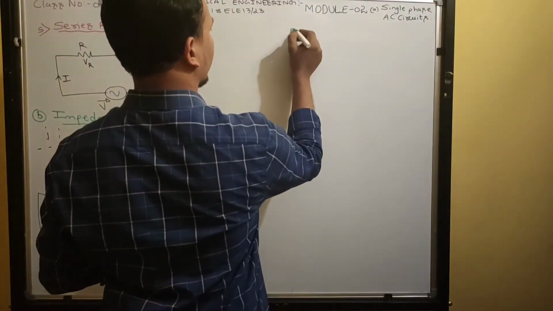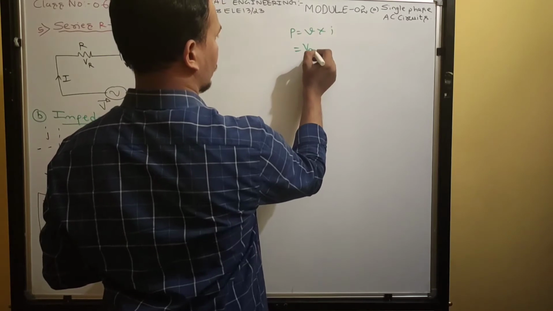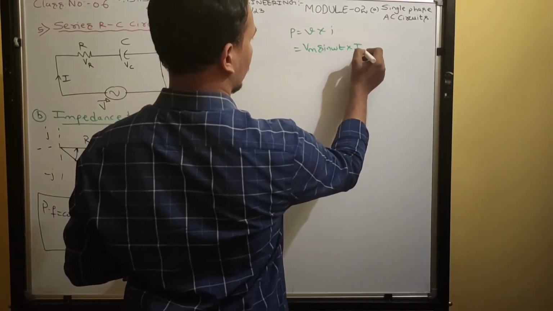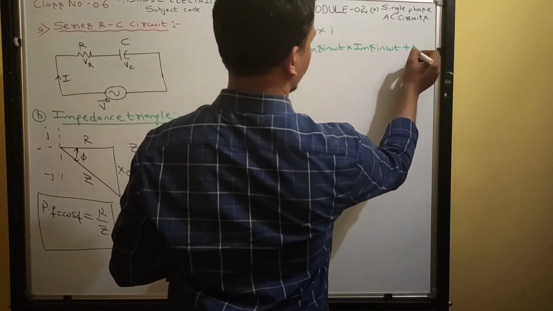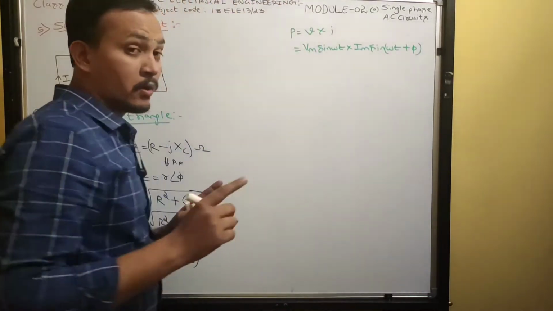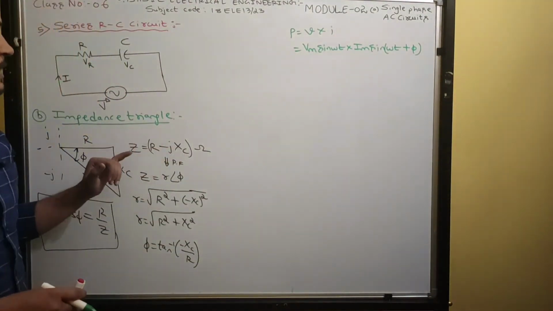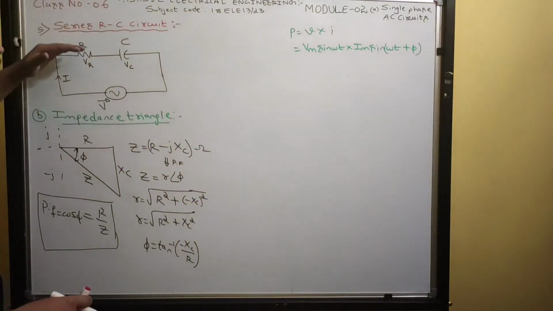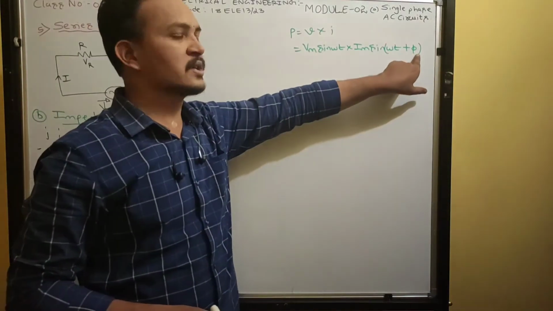So what is the power equation? Voltage into current. What is voltage? Vm sin omega t into Im sin omega t plus phi. See, now I have written, while deriving for power, I have taken voltage as reference. With respect to voltage, in a series RC circuit, current leads the voltage by this much angle.